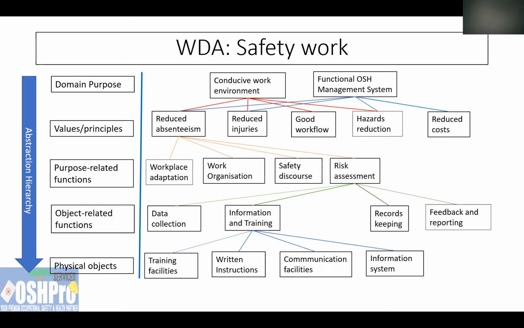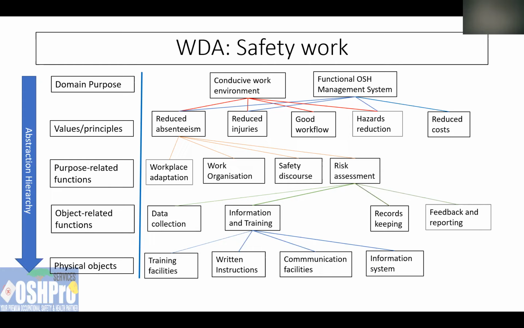Now, let's go back to conducive work environment and take one channel all the way down. We need a conducive work environment. To do that, we need reduced absenteeism, and that's the way we can measure that we have a conducive work environment. To do that, we need to do a risk assessment.